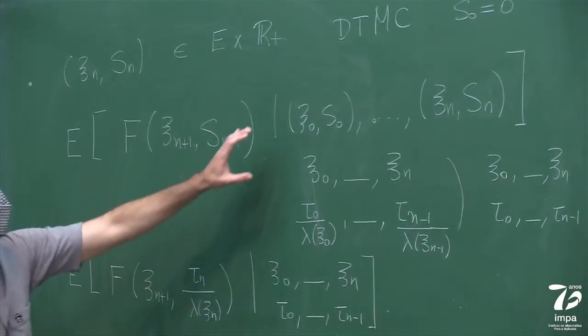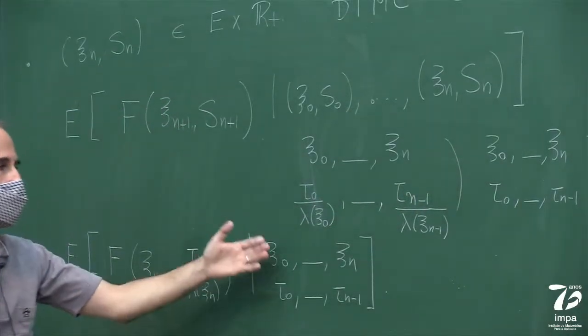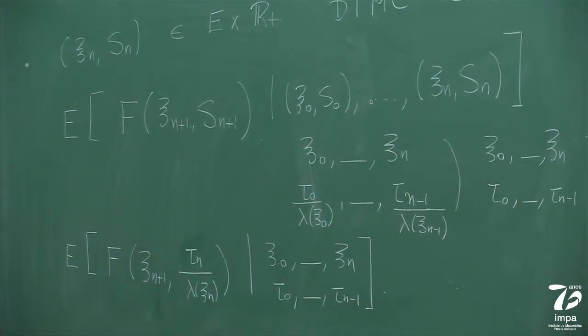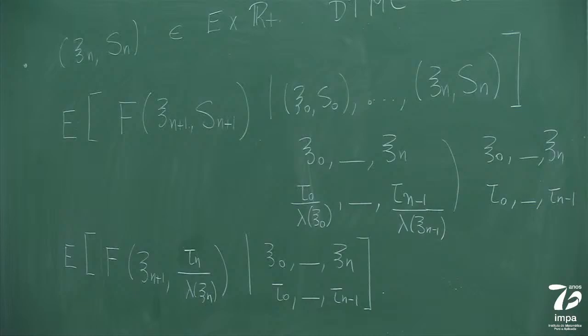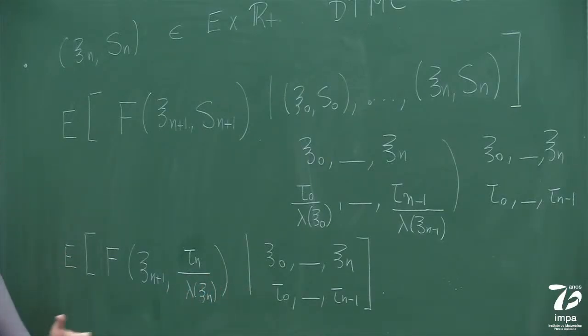Since the sigma algebras are the same, I'm conditioning over these variables. Now, how do I compute such a conditional expectation? I have to remember the definition of these variables. Xi is a Markov chain, and these variables tau n are IID exponentials, independent from the xi's.